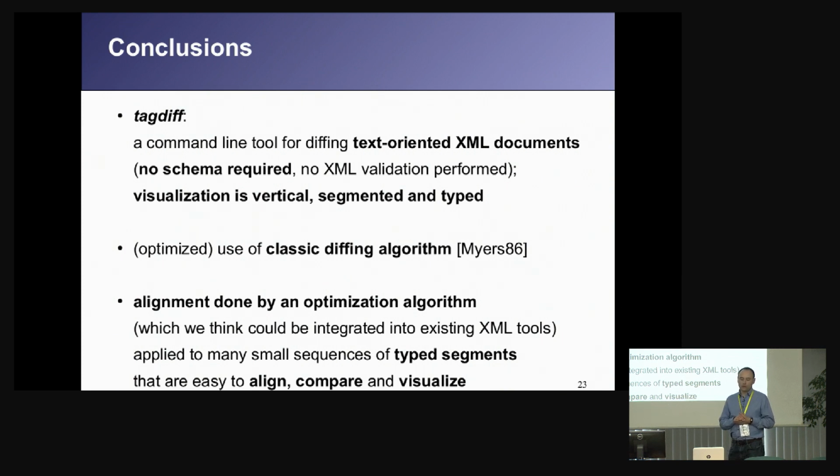Tagdiff relies on an optimized use of the classic diffing algorithm, the Myers 86 algorithm, and Tagdiff relies on alignment done by an optimization algorithm, which we think could be integrated into existing XML tools. The optimization algorithm is applied to many small sequences of typed segments that are easy to align, to compare, and to visualize.